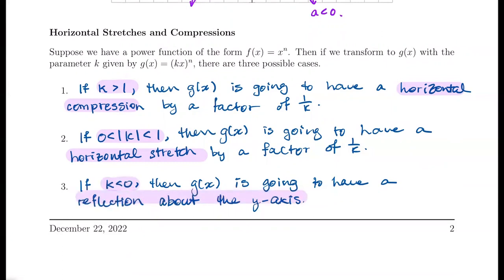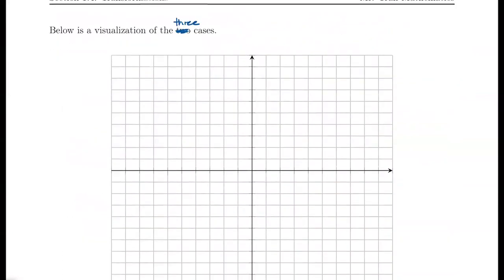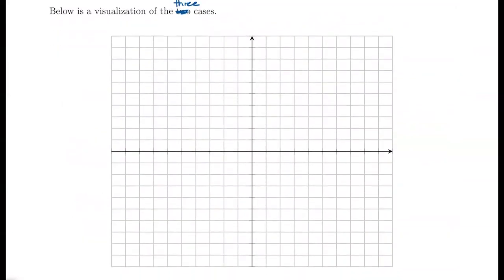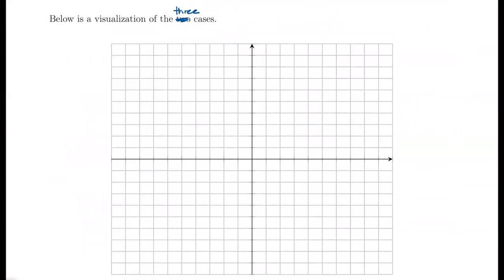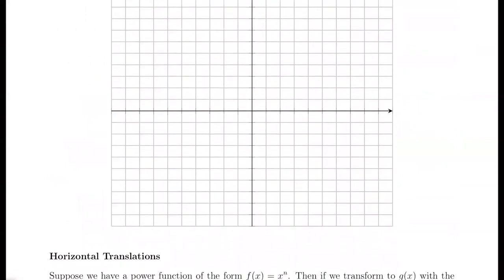All right, so same thing. Let's have a look at the three graphs that we're going to look at. This time, our base function is going to be the cubic function. Keep it simple. The cubic function usually goes like this. I'm going to use the same numbers here, so we're still going to have 1, 2.